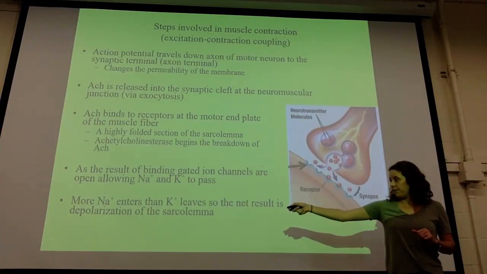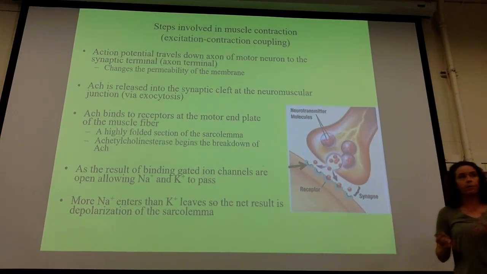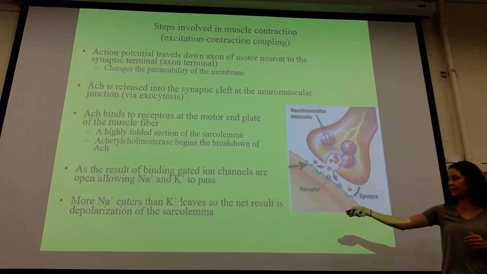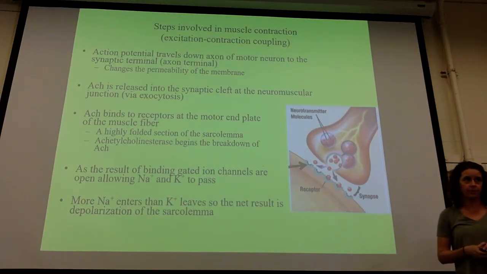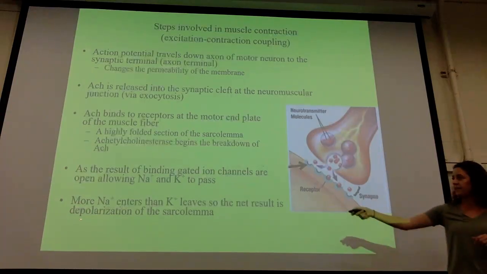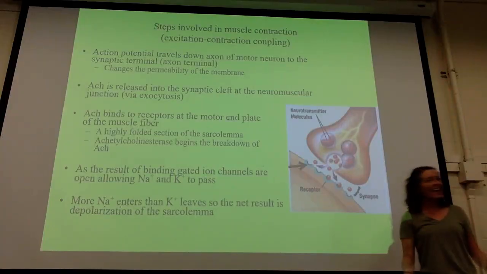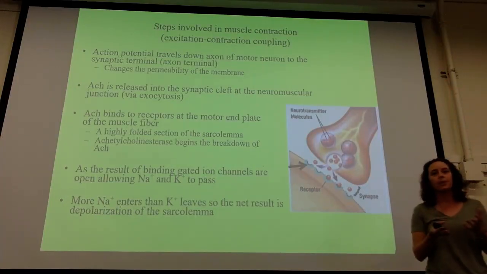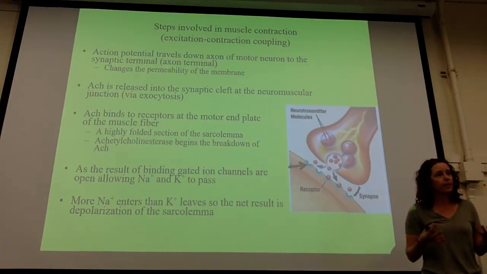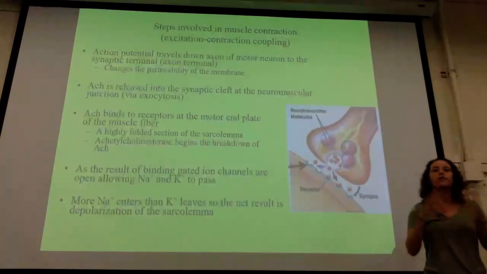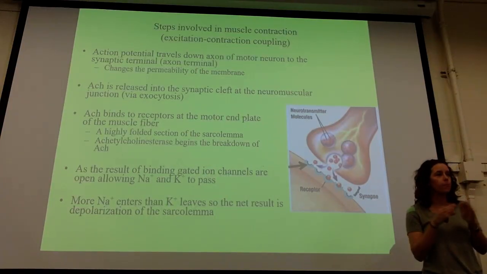Then last bit for this one is more sodium enters the cell compared to the amount of potassium that leaves the cell. The net result here is depolarization of the sarcolemma. What the heck does that mean? Okay, remember, sarcolemma is just our fancy word for the membrane around the muscle fiber.